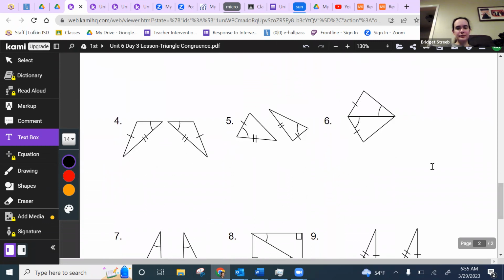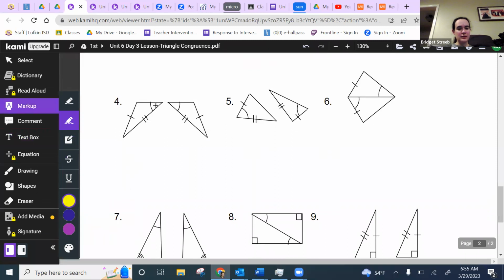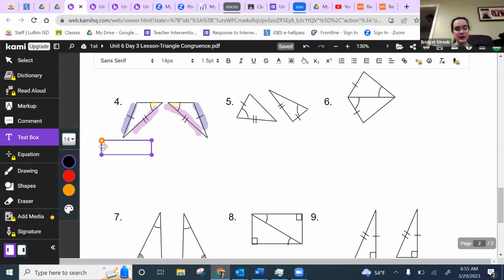Our next one, we have one angle marked for us. Ready? We have one set of sides, and we have a second set of sides. So we have two sides and one angle.